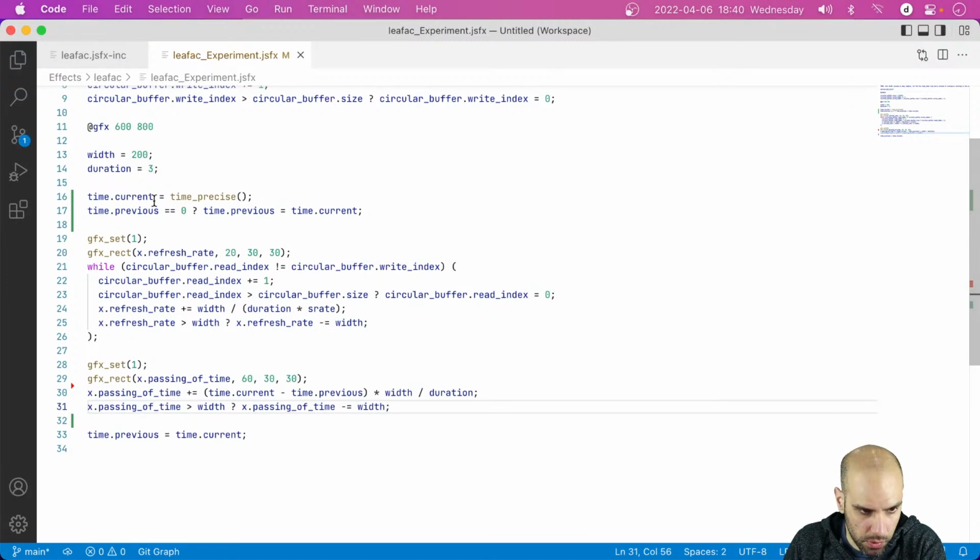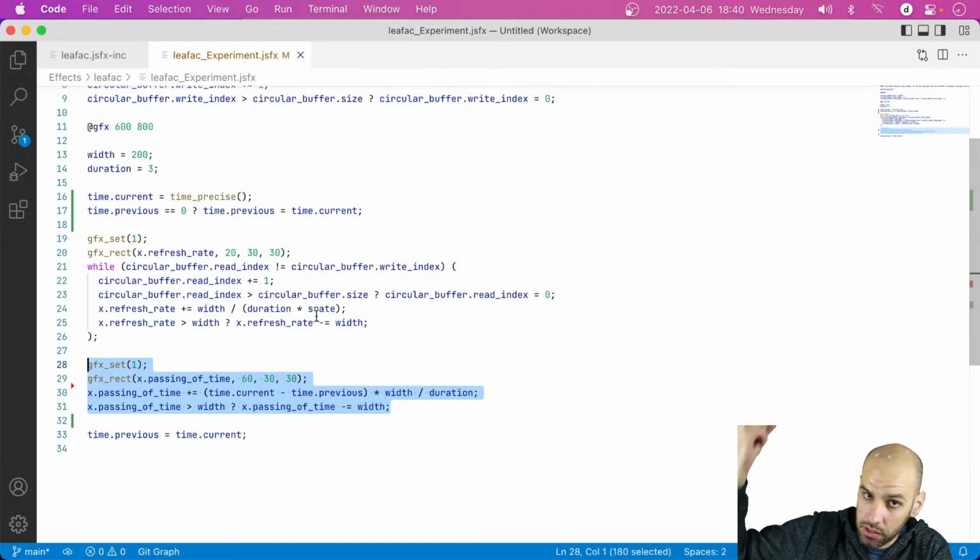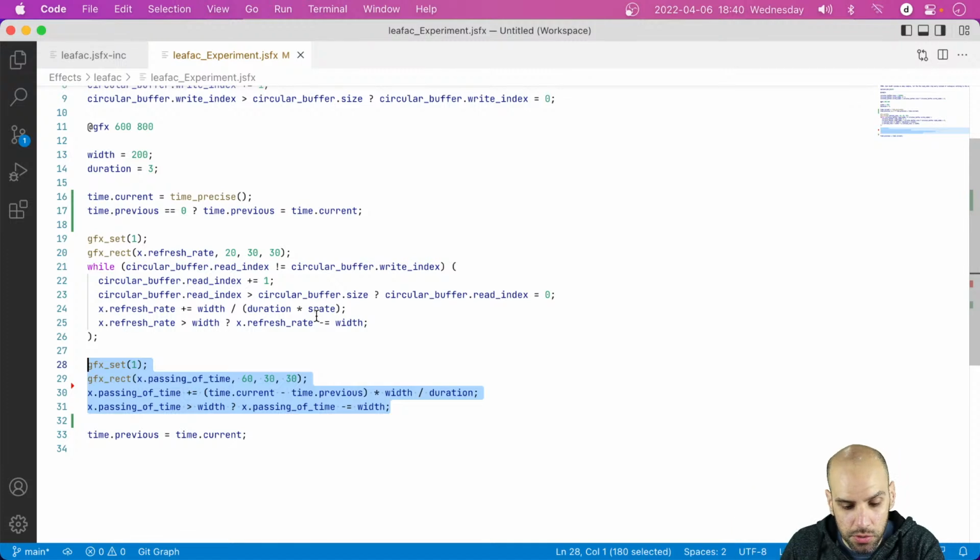So how does it work? Well, let's review what this code does, and then we will see what we can do about this. Because this is the square that is moving smoothly. So given the title of the stream, we want to draw our waveforms and eat them too. So we want to use this notion of just trying to catch up to an index, but we also want to include the notion of passing of time.